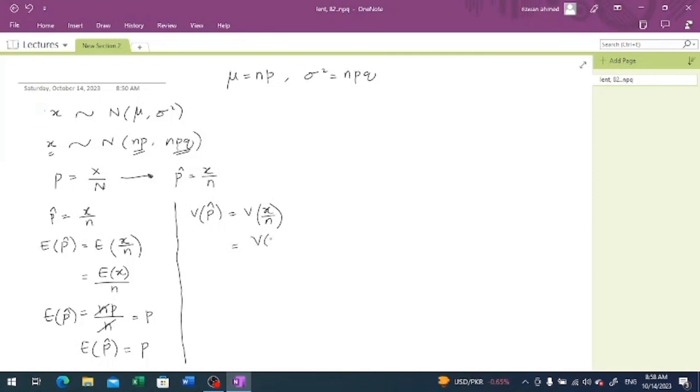So we get variance of x divided by n square. In place of variance of x, we substitute the approximated value of variance of x, which is npq. So n will be cancelled out with this n, and we will be left with pq on n.